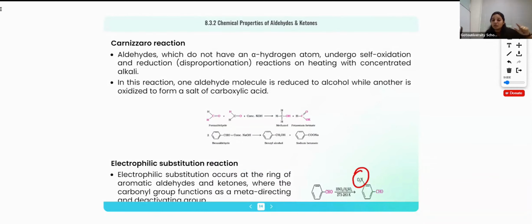I told you what the ortho, para and meta positions are. If the CHO group is there, the electrophile will move to the meta position. Second position is ortho, third position is meta, fourth one is para. So the CHO group is there, and the incoming electrophile will move to the meta position, the third position.